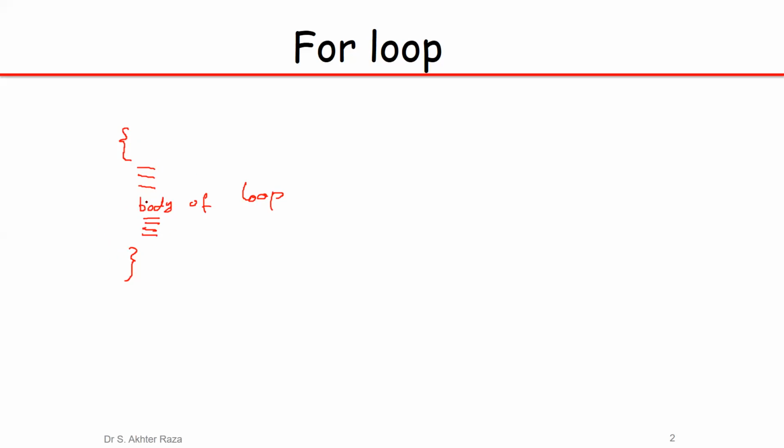Once we enter the loop, we go here again and again and again. But before this block, you have to write down the for. This is the format of the for.